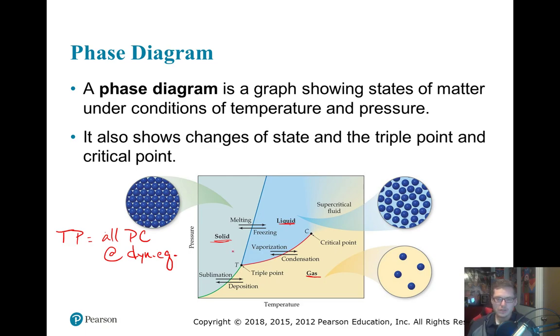There's some really cool videos out there of people making different things hit their triple points. A lot of times it's kind of tricky because you have to be fairly cold and at a fairly low pressure, and you have to be able to hold it there. It's pretty cool though because you can see solids, liquids, and gases all happening. So it'll be boiling, freezing, and melting all at the same time. Those are the three that are easy to see what's going on.